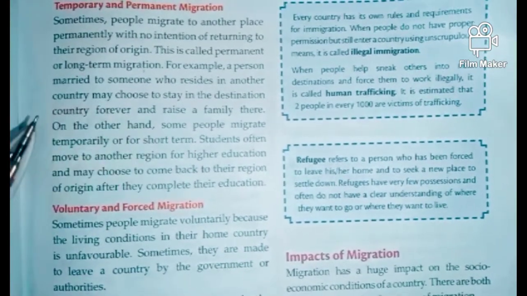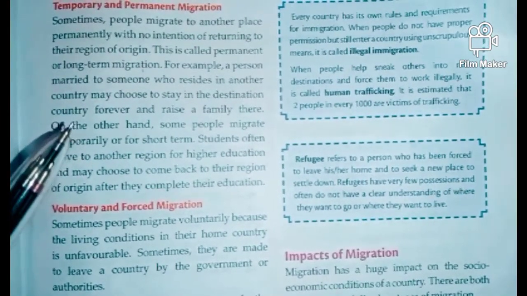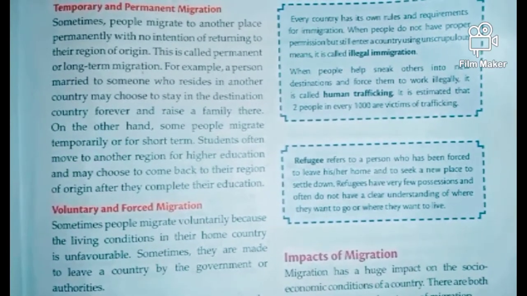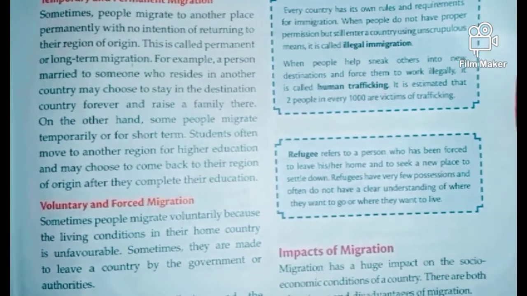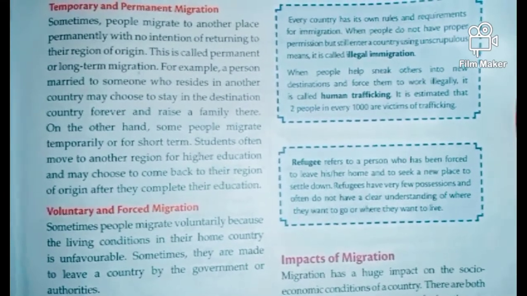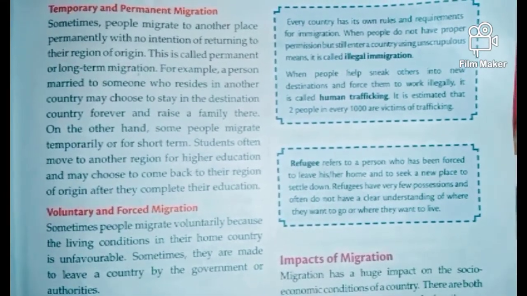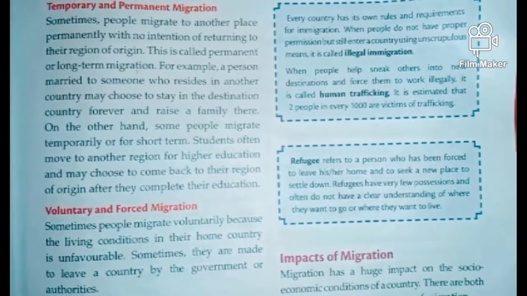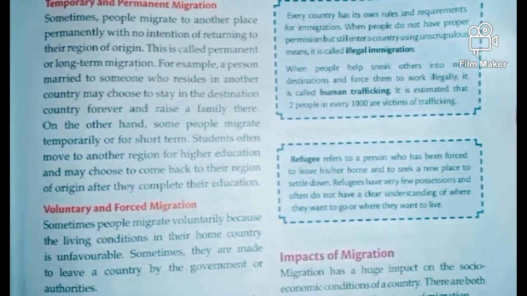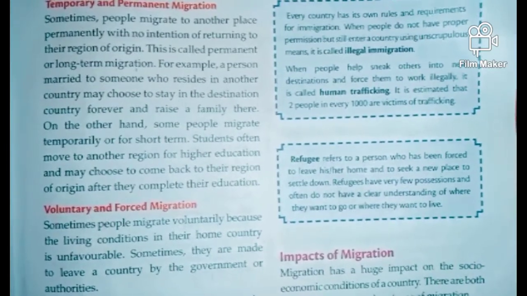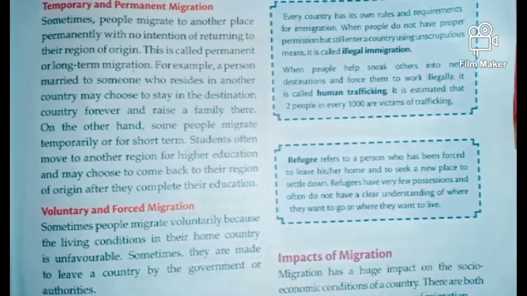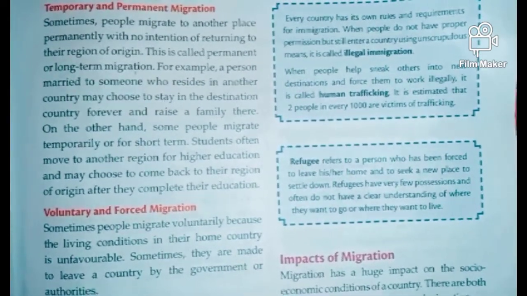Someone who resides in another country may choose to stay in the destination country forever and raise a family there. A married couple can decide to live in another country permanently and raise their family there. So they will live there permanently.